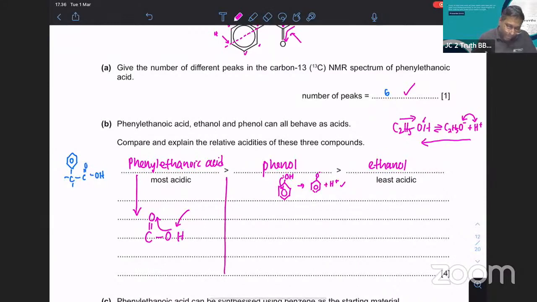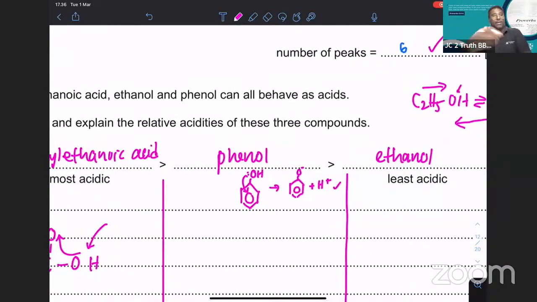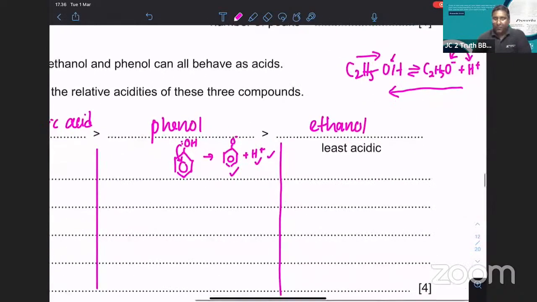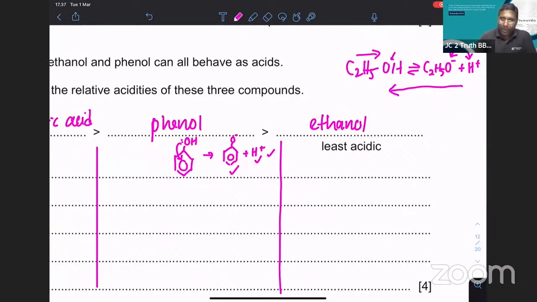For the phenol, I have explained just now, you just need to explain that the lone pair of electrons become delocalized into the benzene ring by overlapping with the pi bonding system. So they are going to form a stable ion, the phenoxide ion, and give you more H plus. For ethanol, when you have an electron donating group attached, the C2H5O minus, which is the ethoxide ion, the negative charge is going to be more.